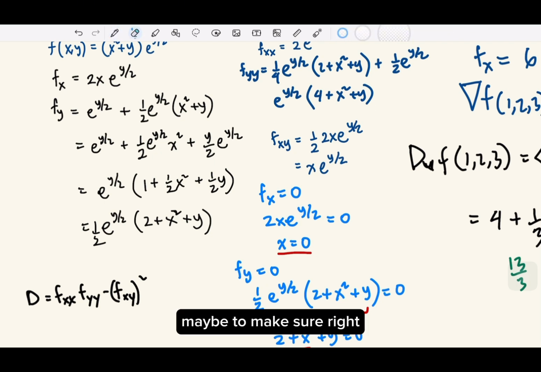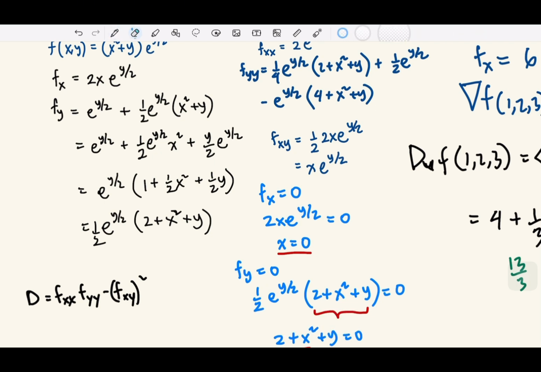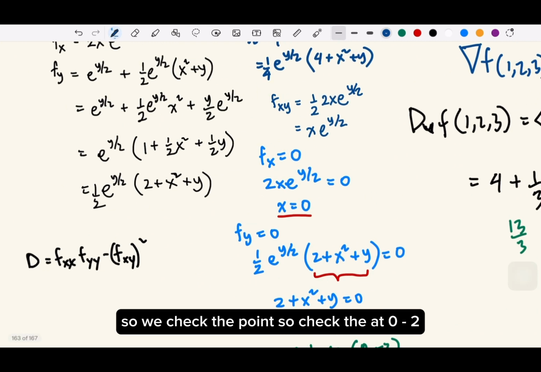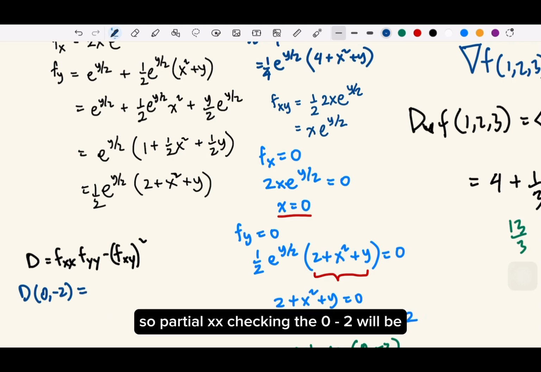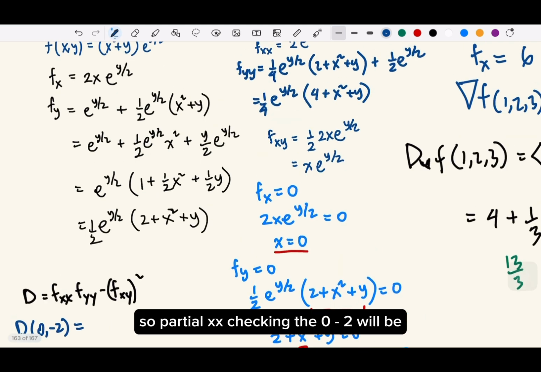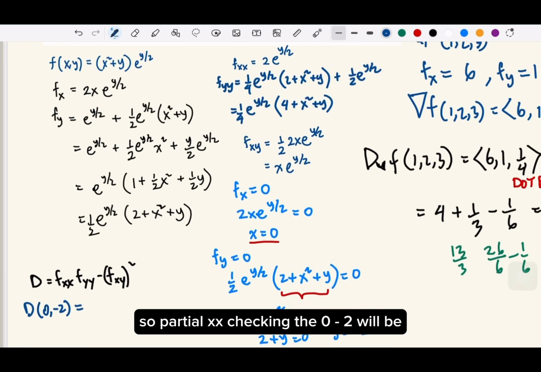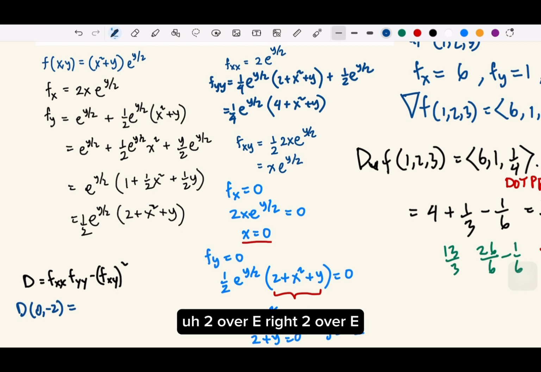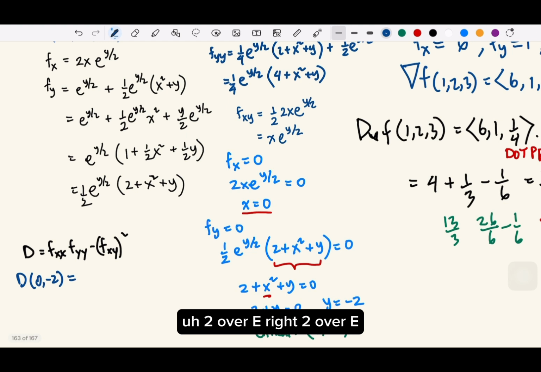Maybe to make sure, right? Okay. So we check the point. So check at (0, -2). So partial xx at (0, -2) will be 2 over e, right? 2 over e.